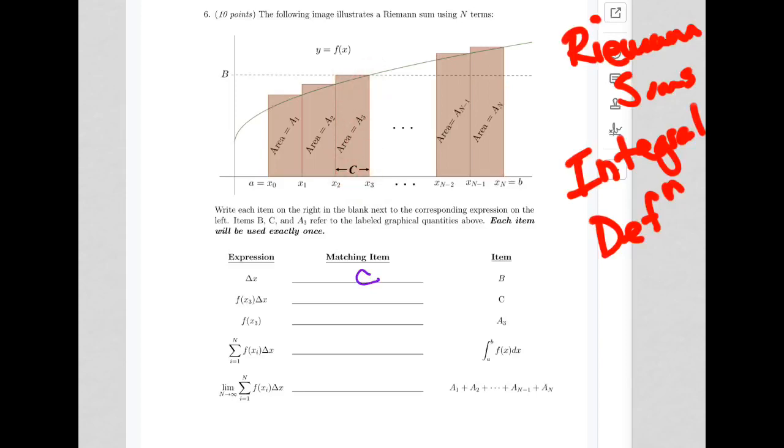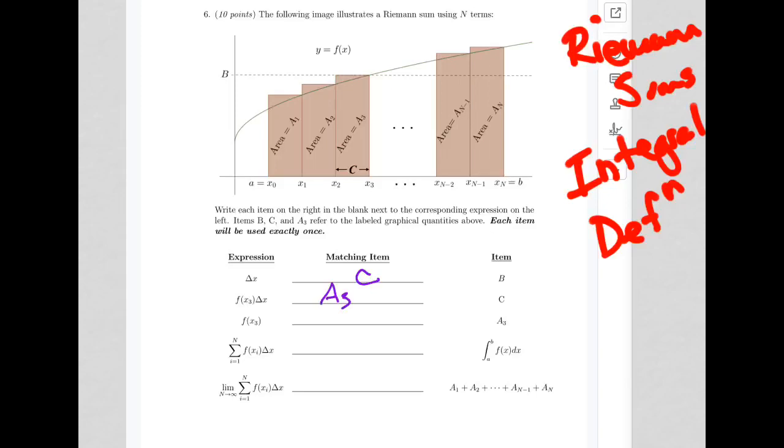If it was f of x2, then maybe it could have been the area of this guy. And also look at where it's hitting the curve. So like here, you're plugging in x3, and so it's a right sum, and so it gives you the third rectangle. If it was a left sum, it would have been plugging in x2. So this would be A3.